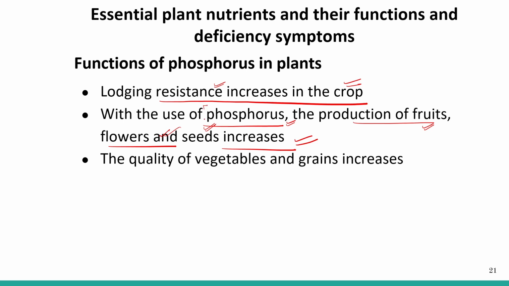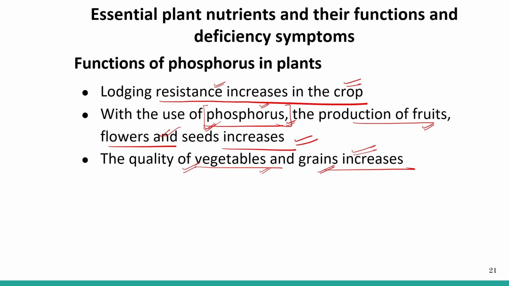And if this phosphorus is not present, then the yield of the crop, fruits or flowers will be affected. The quality of vegetables and grains also increases. So this is very, very important.